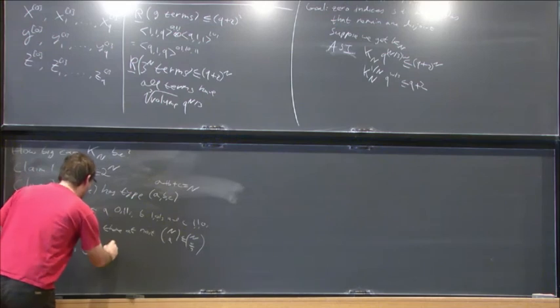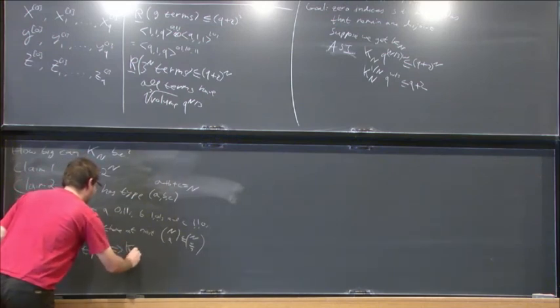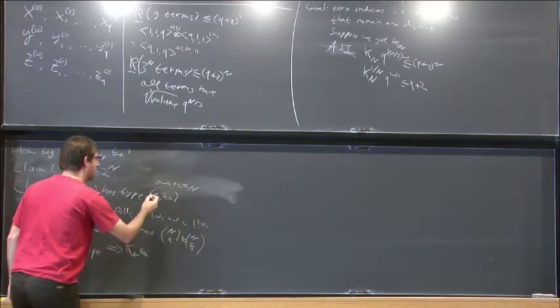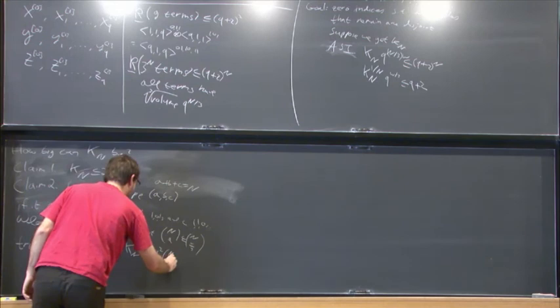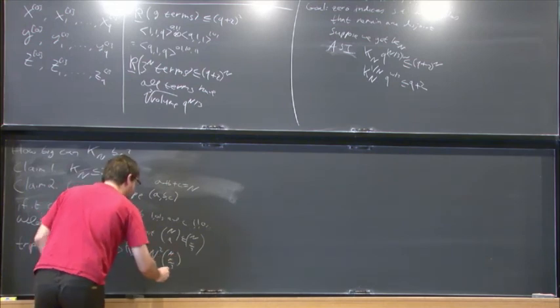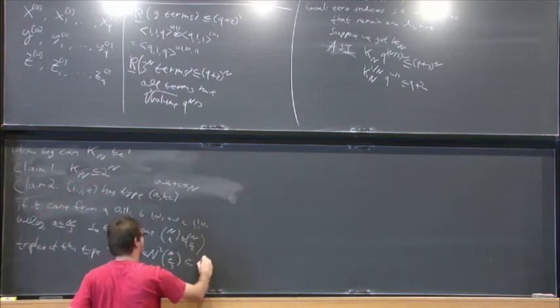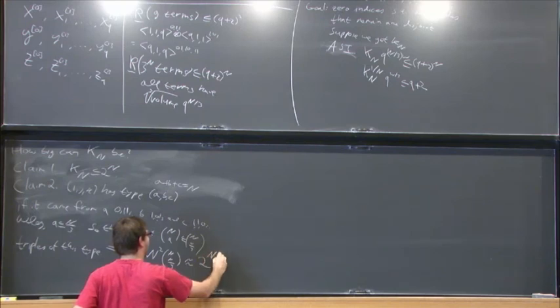So in total, it implies that Kn is at most n squared, with some constant here, times n choose n over 3. And this is roughly 2 to the n h of 1/3.